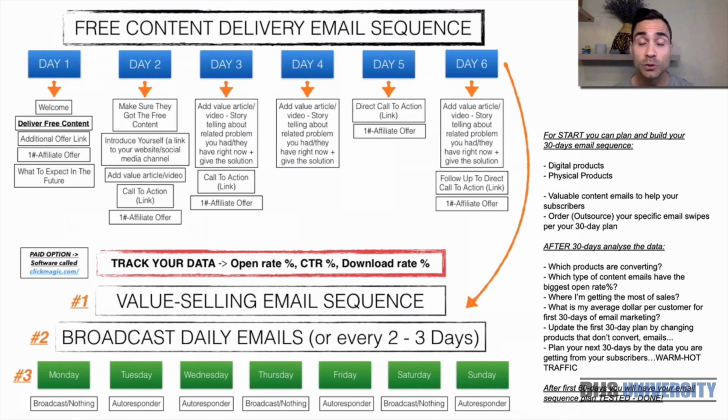So this is how you would create your delivery email sequence and your email marketing for the next 30 or 60 days. So I hope I gave you some information on how you can create that, plan, and start building your business.